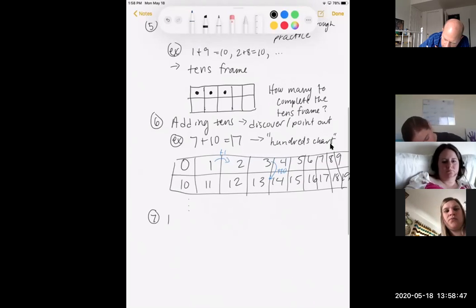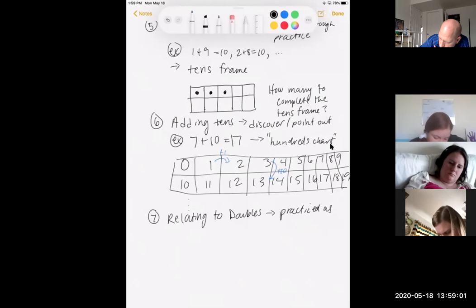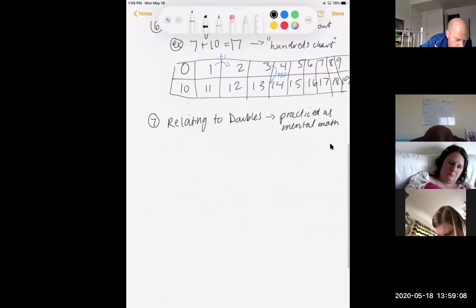Number 7 was relating to doubles. They're practiced as mental math. Relating to doubles are things that we mentioned before.